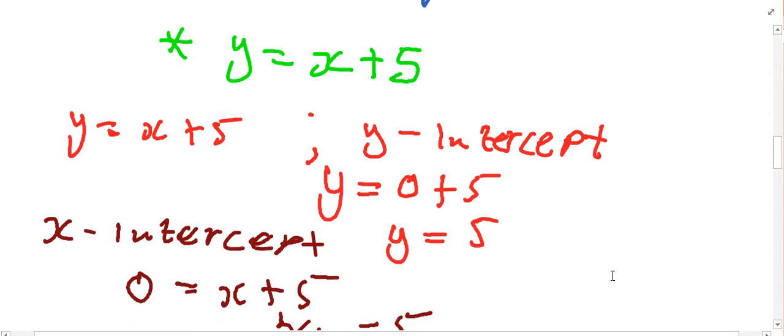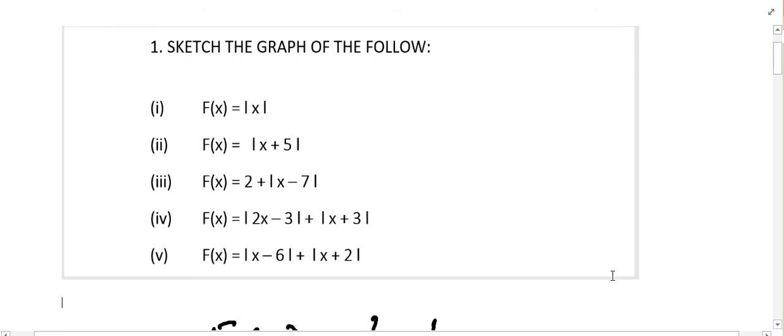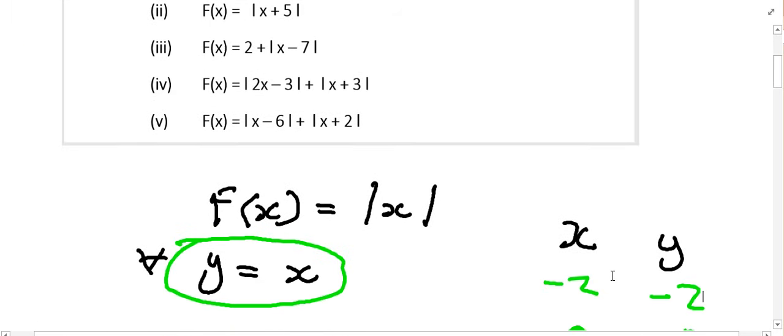Then the next one which we are going to do is this one. I have received many questions from you guys asking how to do this one. But because this one has a fraction somewhere, I'm going to pick the fifth one.